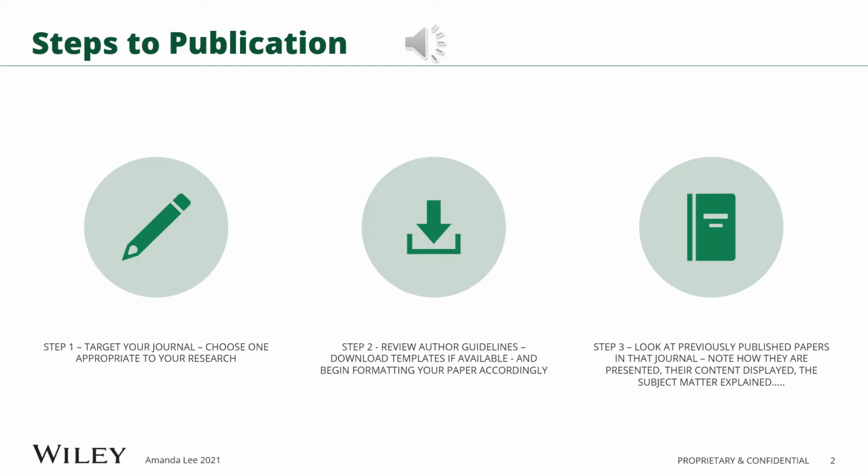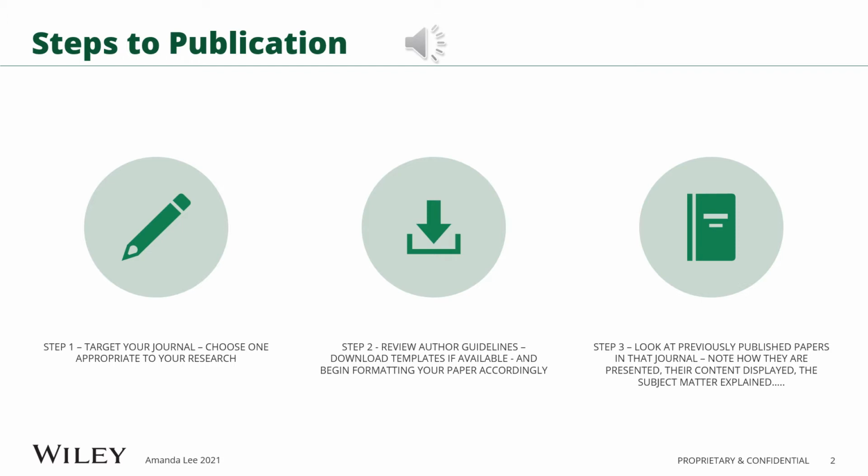Step 3, and I would suggest this really strongly, start looking at some of the previously published papers that have come through that journal. You know full well they've been through the editorial process and they've been through the publication process. So start to look to see what standards and quality and levels of writing you would be expected to denote before you can be accepted within that journal.